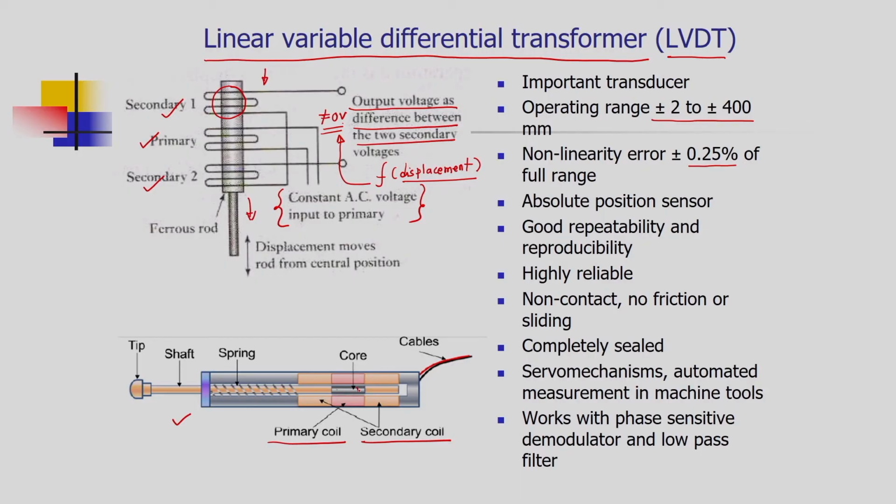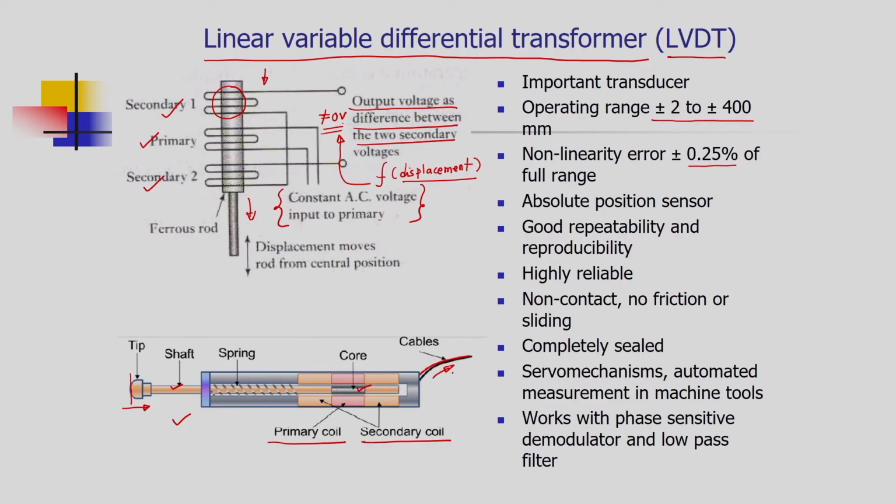This is the core. The core is attached to a shaft and the shaft has a tip. The shaft is spring loaded so that we can measure the displacement, and after measuring the displacement of the tip, it will regain its original position. So, to go to its original position, the springs are used.